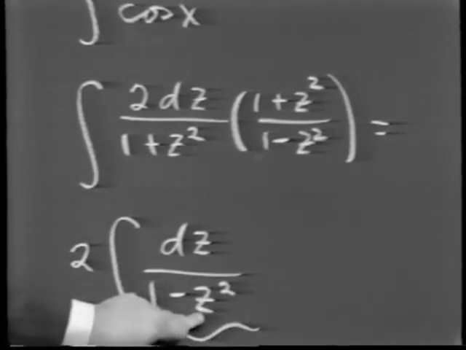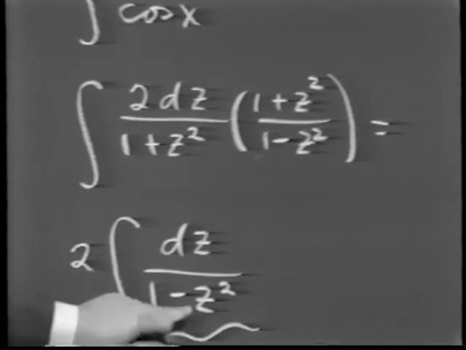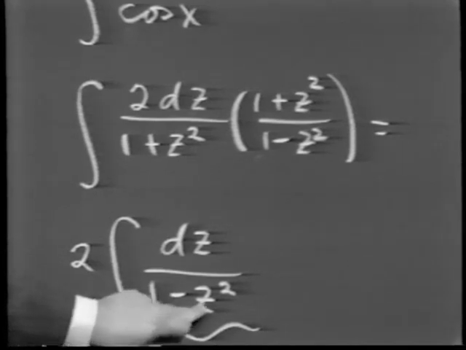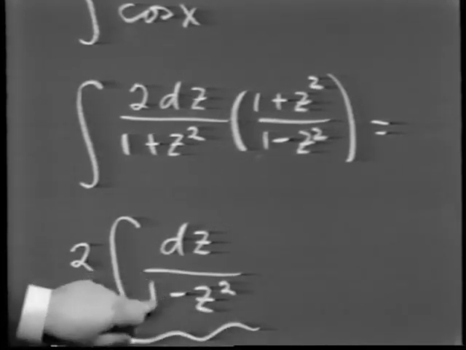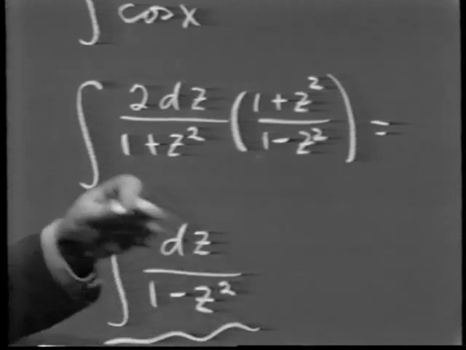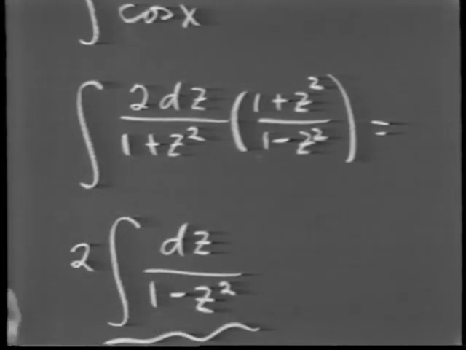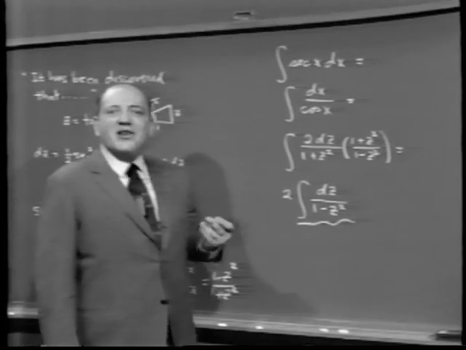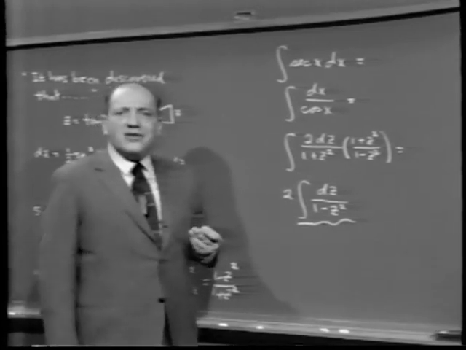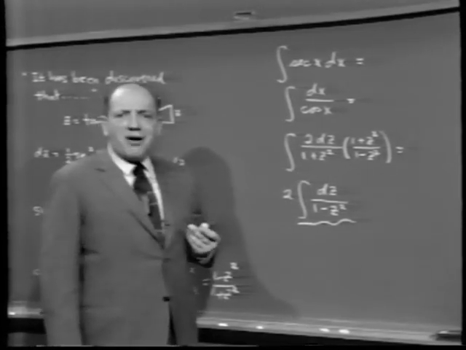This integrand is the quotient of 2 polynomials in z. Therefore, I could use partial fractions here, write this as something over 1 plus z plus something over 1 minus z, etc., solve the problem in terms of z, and then remembering that z is tangent x over 2, I can then replace z by what it's equal to in terms of x, and in that way solve the problem.